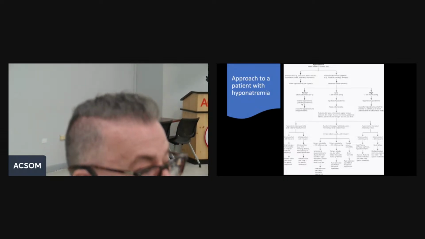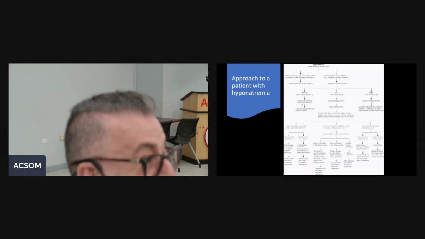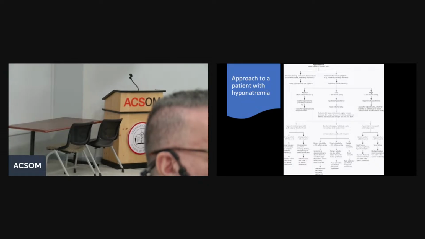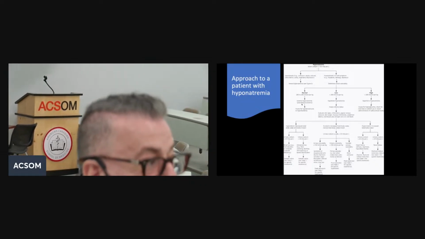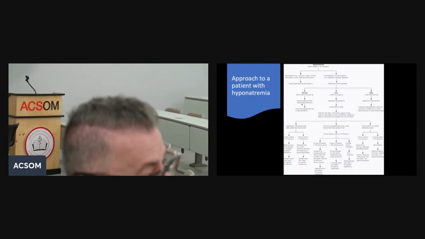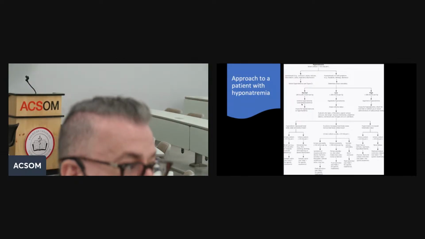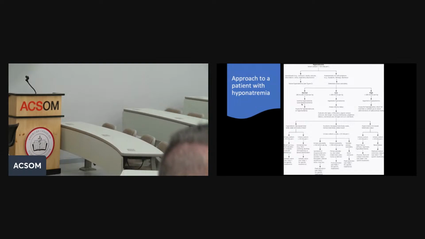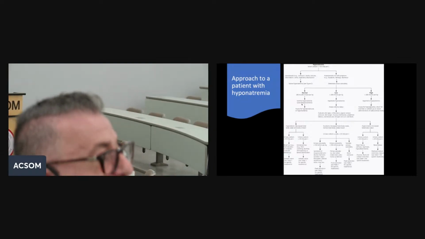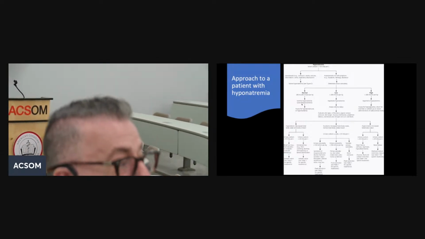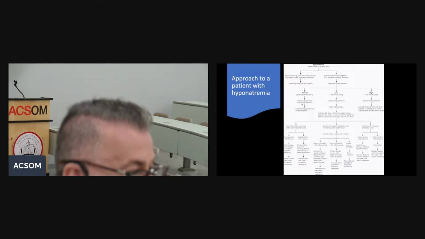Well, if you look at them, how do you know somebody is hypervolemic? It's very easy because they have a lot of edema. Yeah, if you just touch on them, they have a lot of fluid in the body. Frequent urine, not necessarily, because all of those things get regulated all the time.